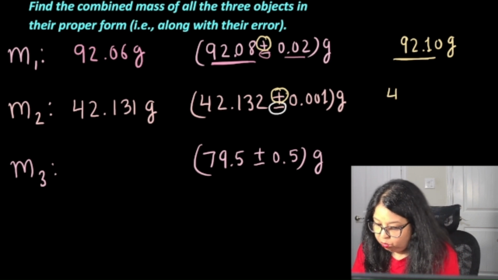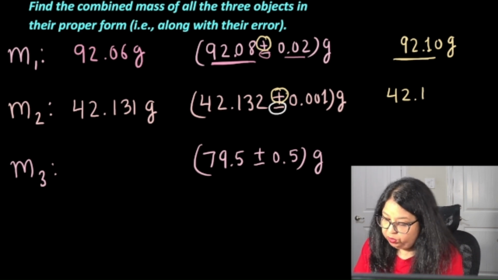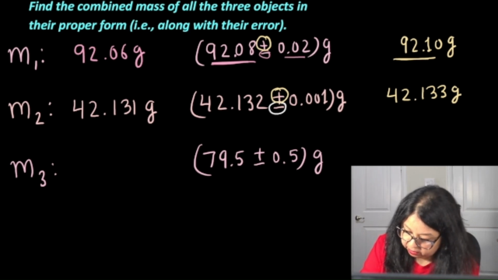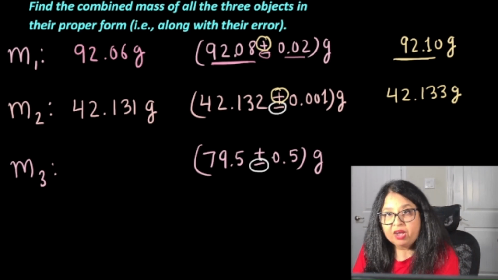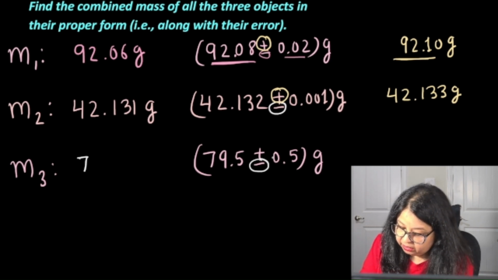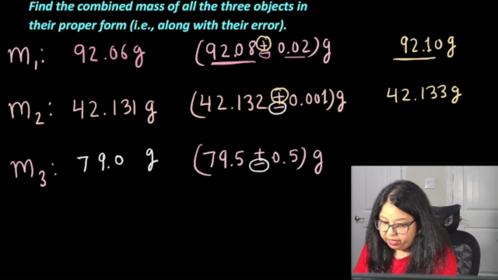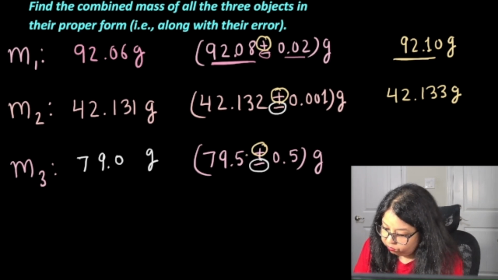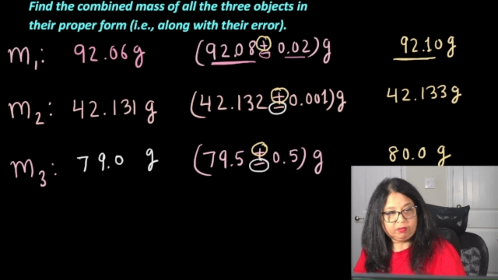What would that give us? 42.132 plus 0.001 gives us 42.133 grams. For M3, the minimum possible value will be 79.5 minus 0.5. That will give us 79.0 grams. And the highest possible value for M3 is when you take this plus sign. That will give you 80.0 grams. Do you agree with me so far?